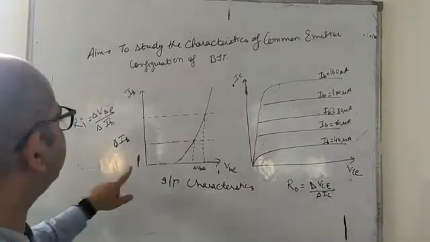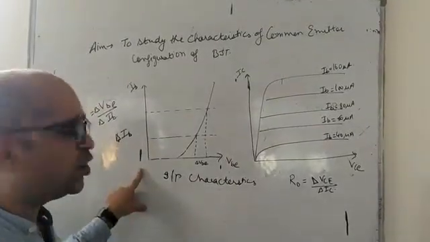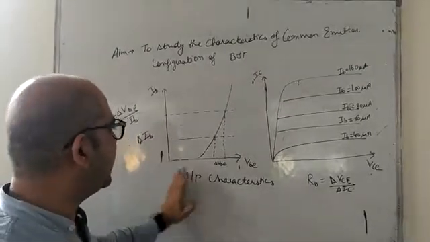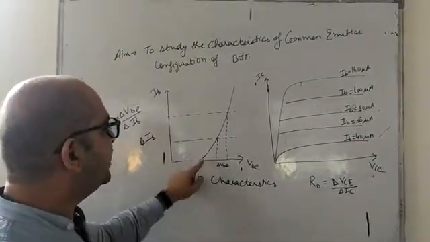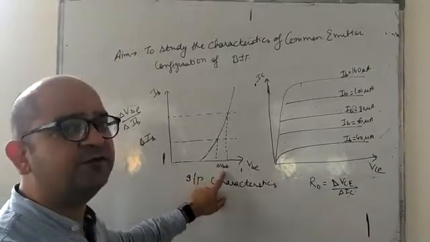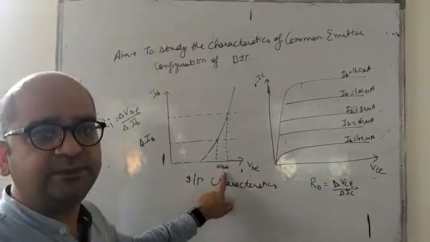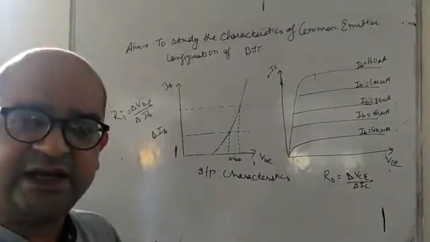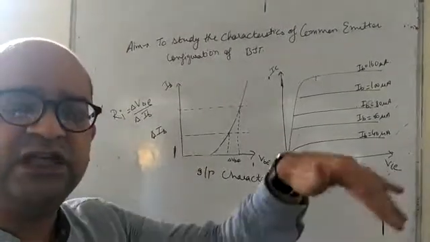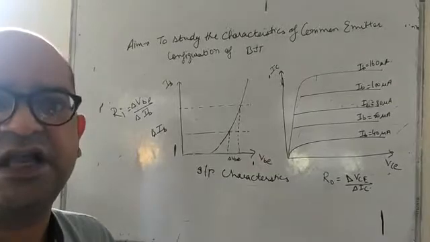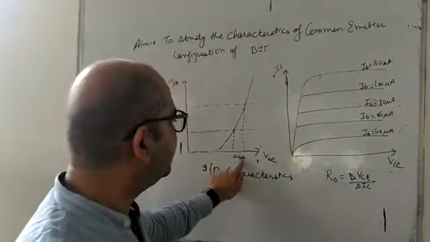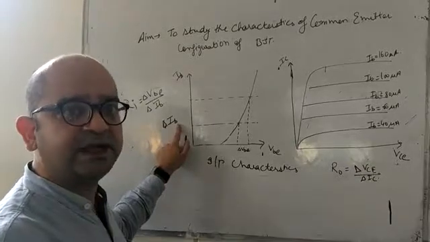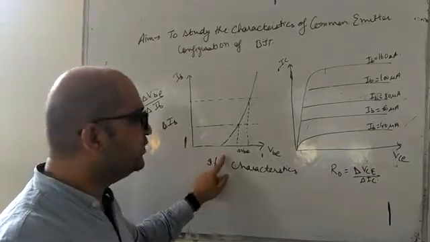Taking the emitter terminal as common, we have the common emitter input characteristics, with input voltage VBE. VBE is the voltage across the base-emitter junction, because the base is taken as the input along with the emitter terminal, which is common. So the voltage is VBE and the current is IB, the base current.